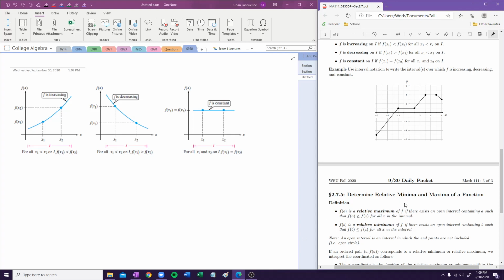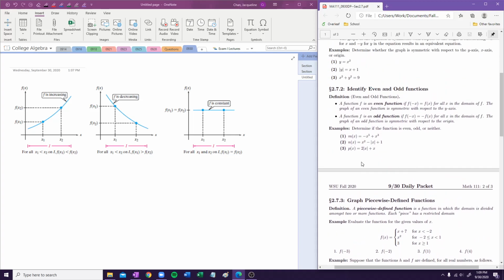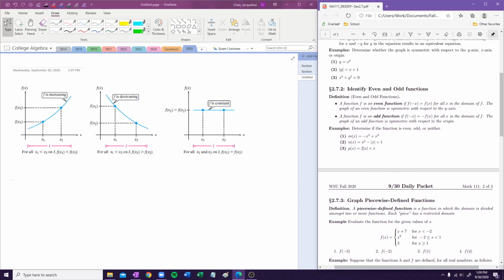So let's continue on with the rest of today's daily packet. But actually, before I continue, one thing I do want to explain more clearly is the absolute value. For example, let's just call this f of x.